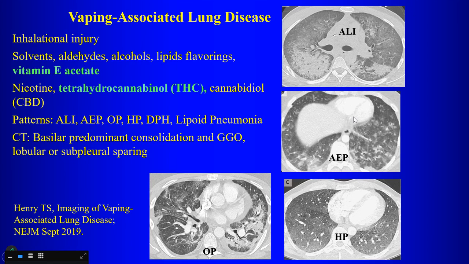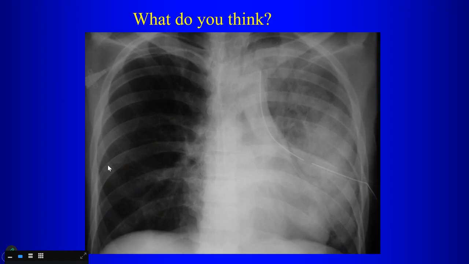It can give you a pattern of acute lung injury or organizing pneumonia, where you might have peripheral distribution of consolidations. Other associated patterns are eosinophilic pneumonia, an acute eosinophilic pneumonia pattern, or hypersensitivity pneumonitis. It's thought that these products might be responsible for the injury we see with the vaping.